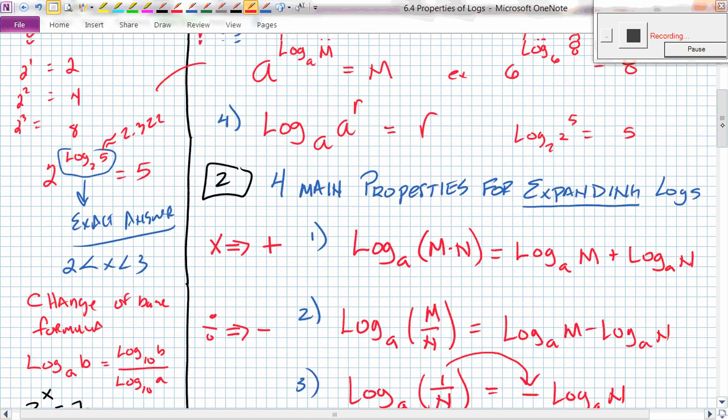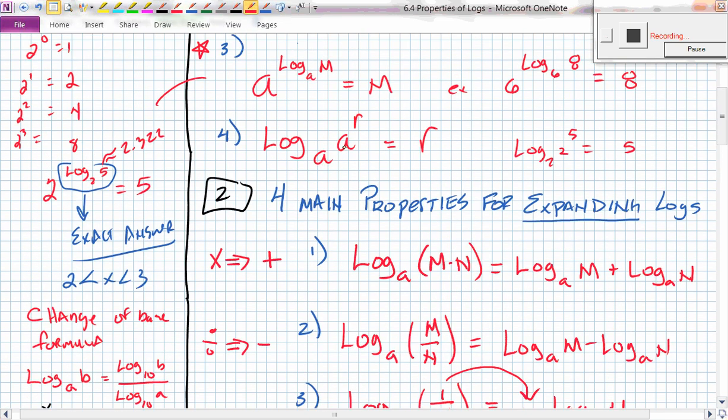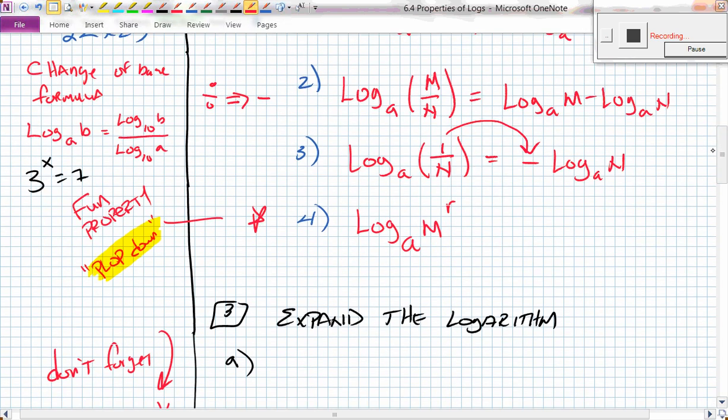See how the base and the logarithm are identical to the r? Well, that's not the case here. The base and the logarithm are not identical, right? This is called the plop down property because the r gets to plop down in front of the logarithm. This is called r times log base a of m. Super crazy, huh?